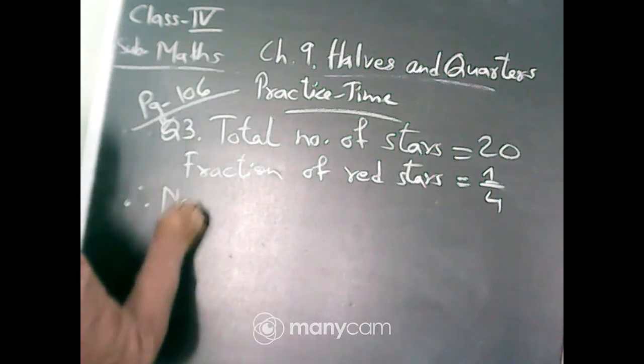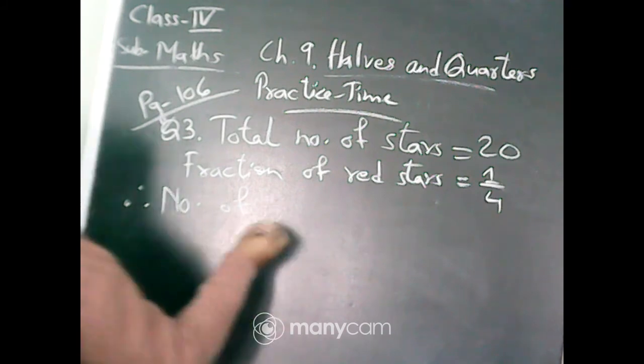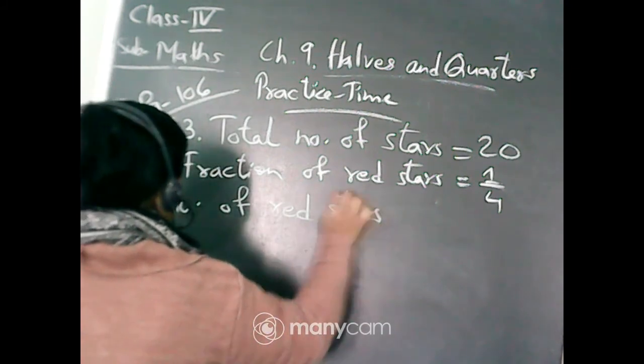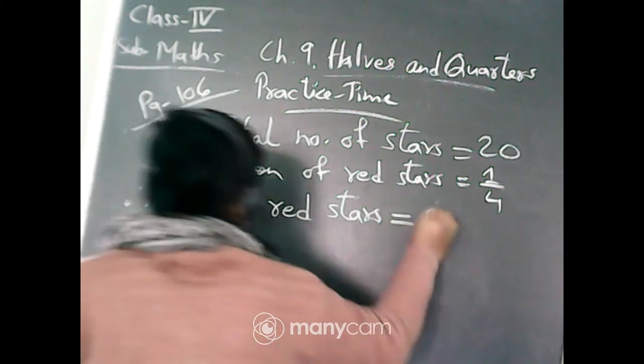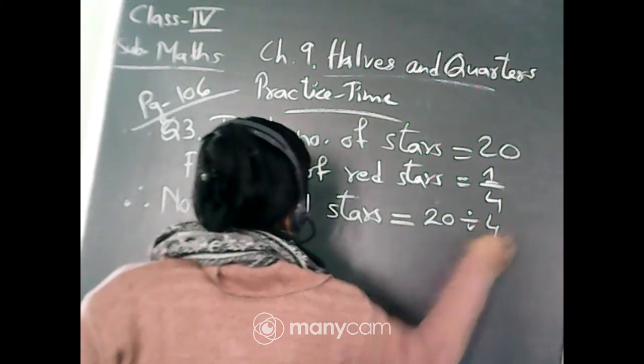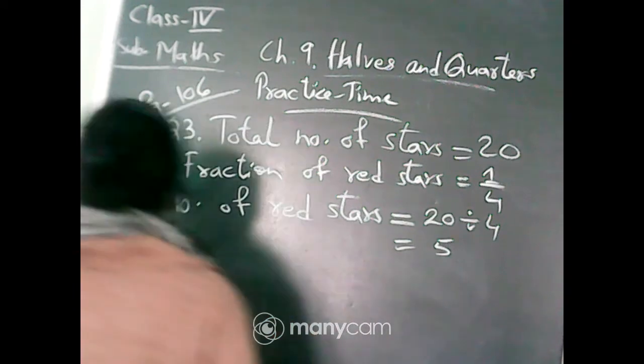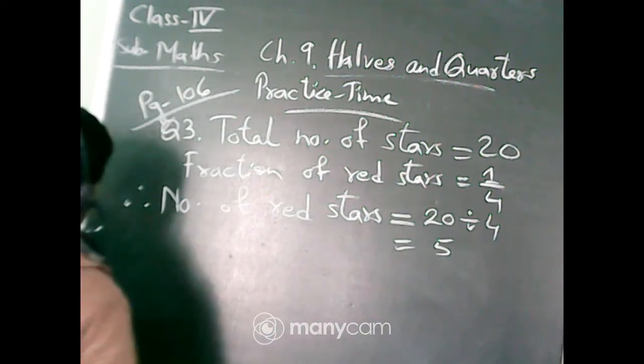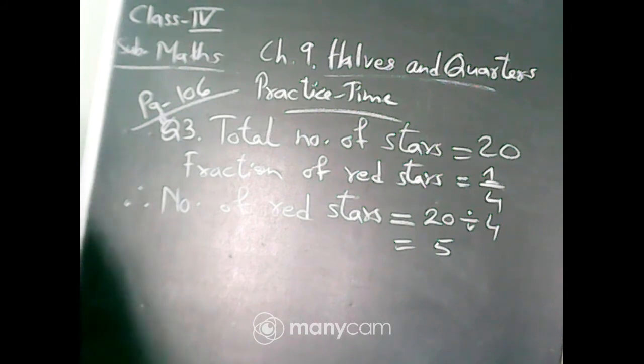Therefore, number of red stars is equal to 20 divided by 4, that is 5. Now you will find out how many are not red. 5 are red, so subtraction will give you the number that are not red, isn't it?